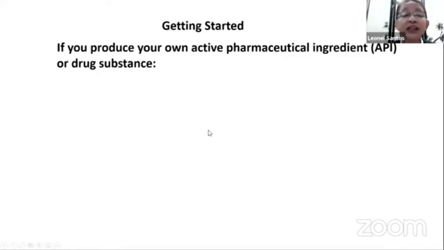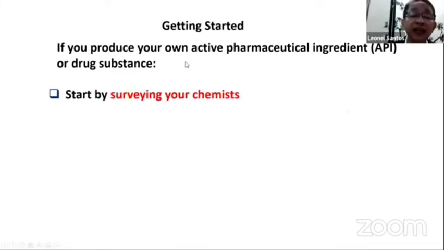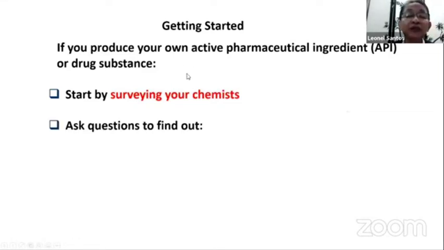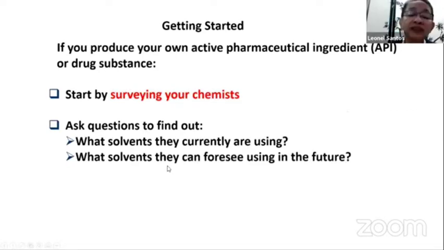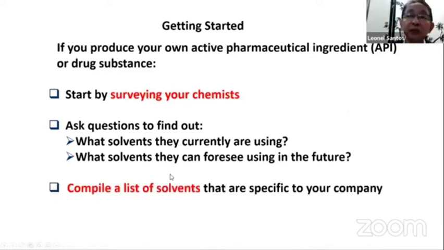So when you're starting to do the residual solvents and you're the one who produces your own active ingredients or the API or the drug substance, ask the organic chemist what solvents they are using in terms of synthesizing the API. Ask the questions about what solvents they're currently using or what they foresee using in the future, so that you can prepare a methodology for residual solvents that will compile a list of solvents, all the ones that you will intend to look for.